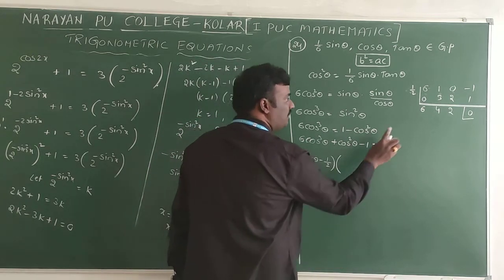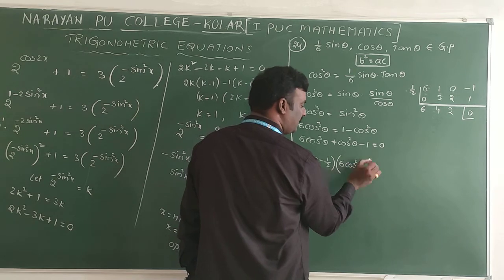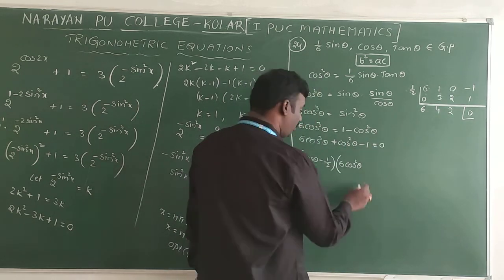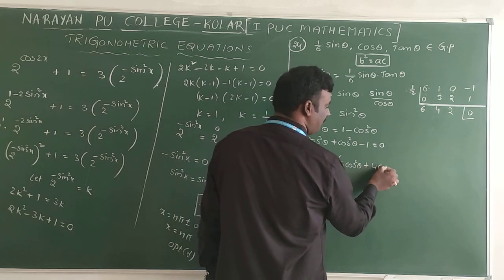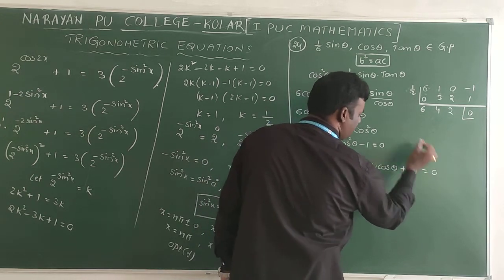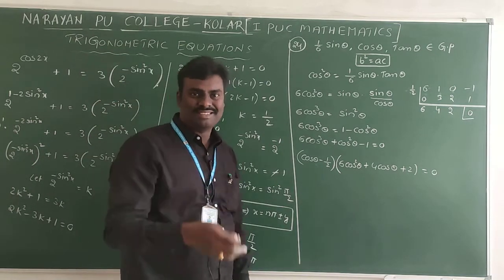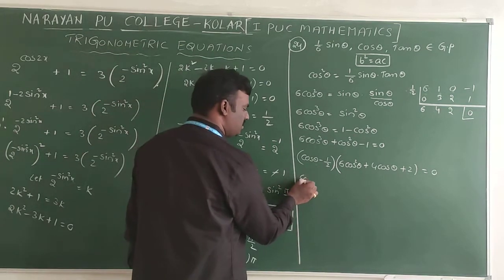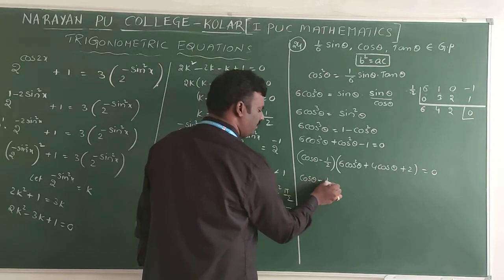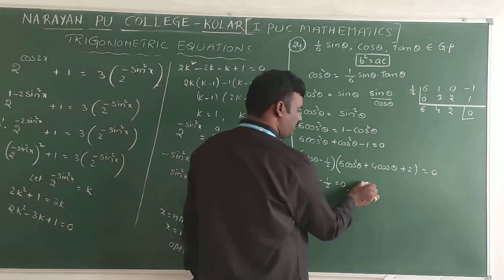Next, what is the first value? 6 cos square. What is the next value? 4 cos theta. What is the next value? 2 is equal to 0. The product of two values is 0, so either the first one is 0 or the second one is 0. I am taking the first one 0. I am taking the second one 0.